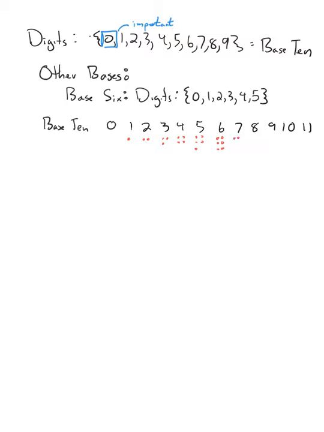So here is 7, 8, 9, and now with 10, this tells us we have 1 ten. I'll just draw a line there. That is 10 ones put together to make 1 ten.